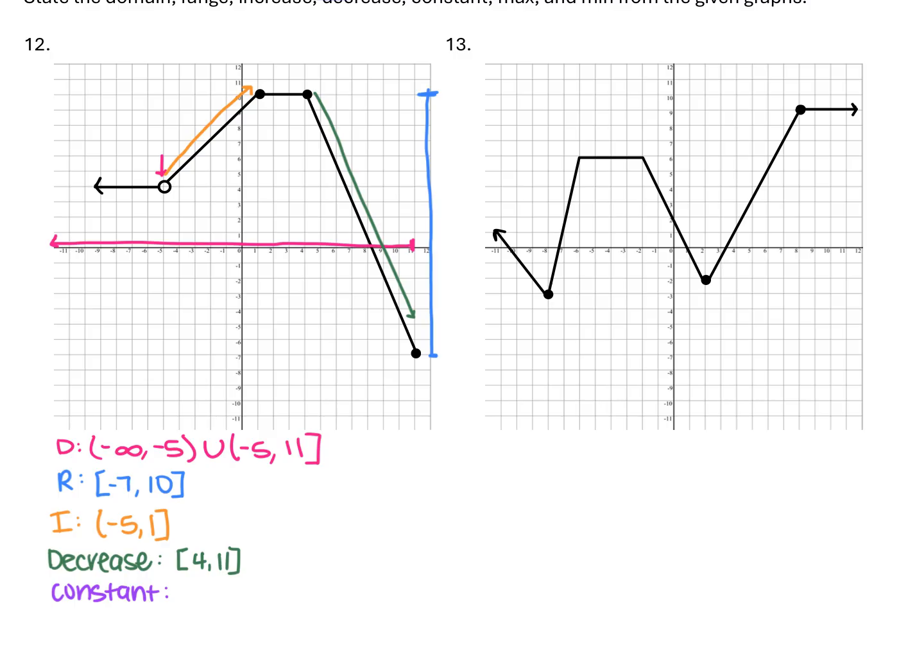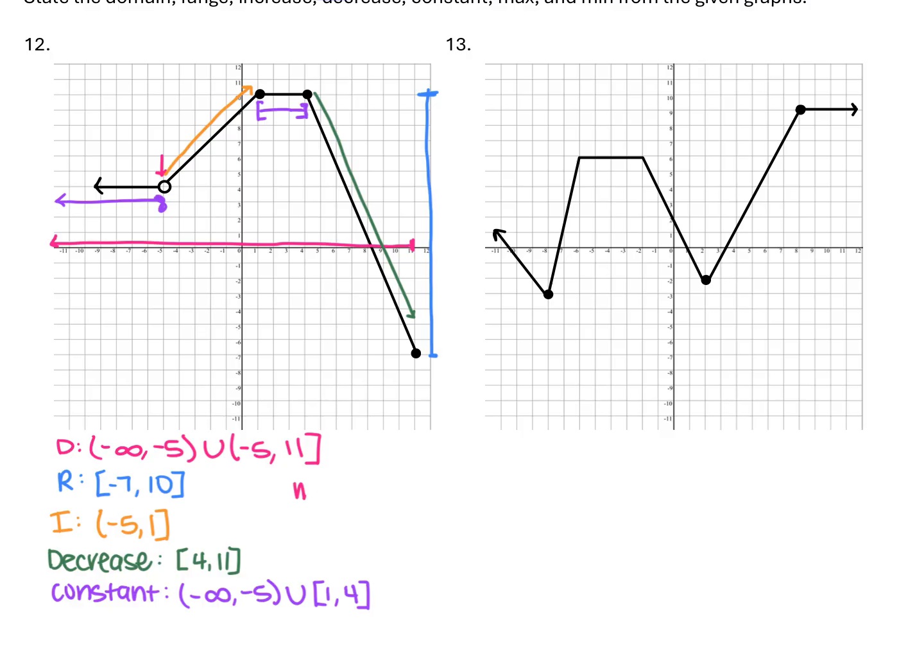Your constant is where the line goes flat. So that's from negative infinity up to that -5. And then from the 1 to the 4. So from negative infinity to -5, parentheses, with a union of 1 with a bracket, comma, 4 with a bracket.